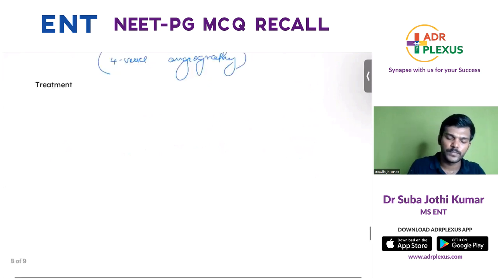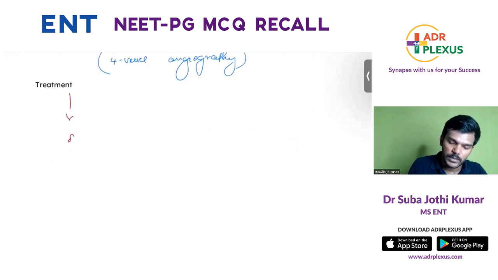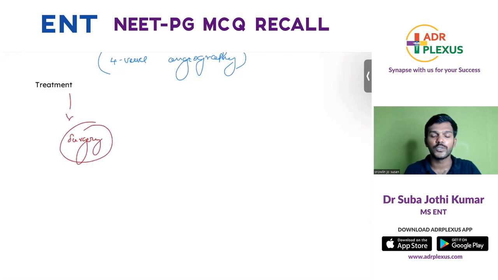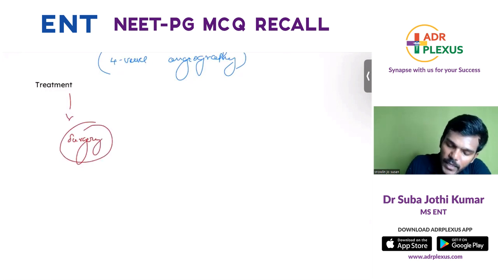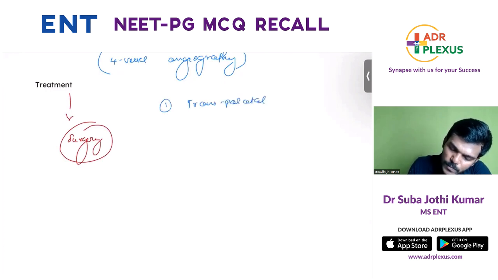What is the treatment? Surgery is the best treatment for JNA. As it is a benign tumor, we should do surgery for this patient either by the transpalatal with sublabial approach, that is the Sardana approach.